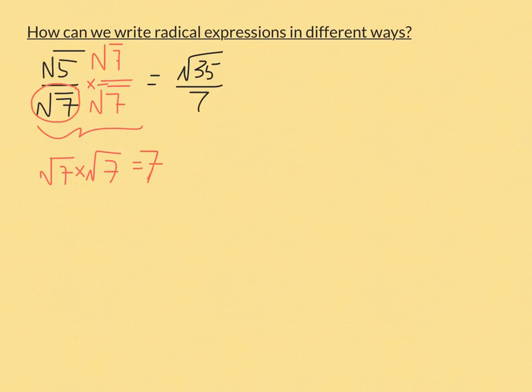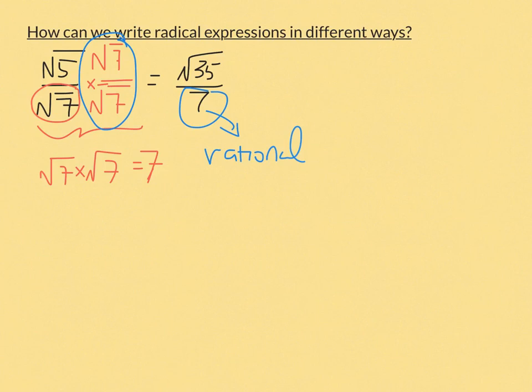So now this expression has got 7 in the denominator, and this is a rational number. I can eliminate the radical term from the denominator by multiplying a radical expression by an appropriate value of 1, because square root 7 divided by square root 7 is equal to 1.